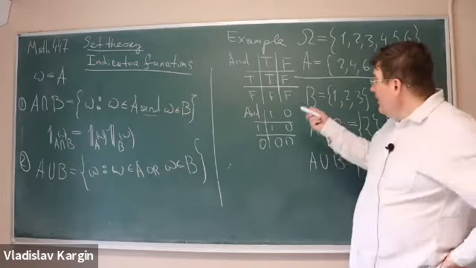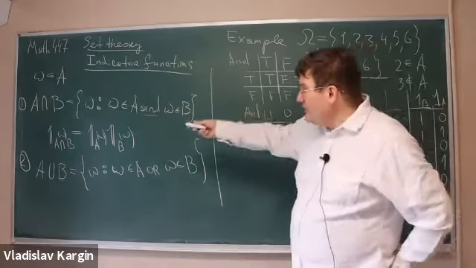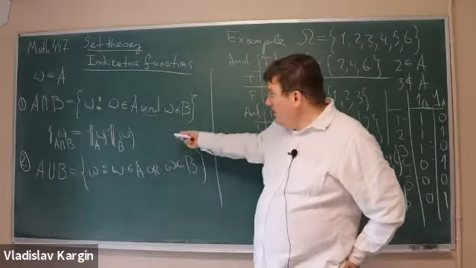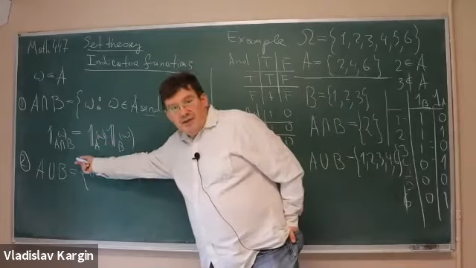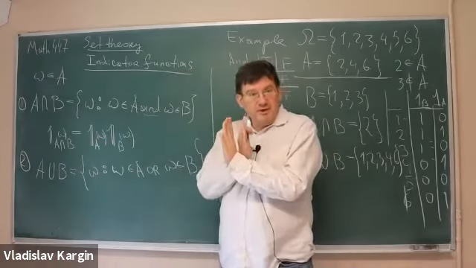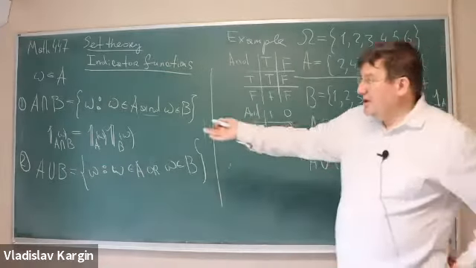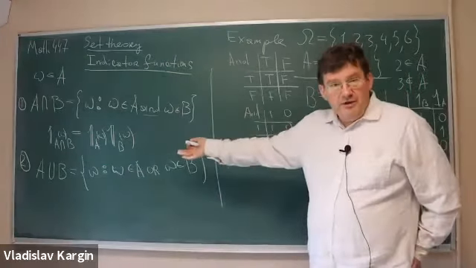So now we can try to do the same thing. We know how to write down the indicator function for the intersection, just component multiplication of the vectors. So we can write down the indicator function for the union.